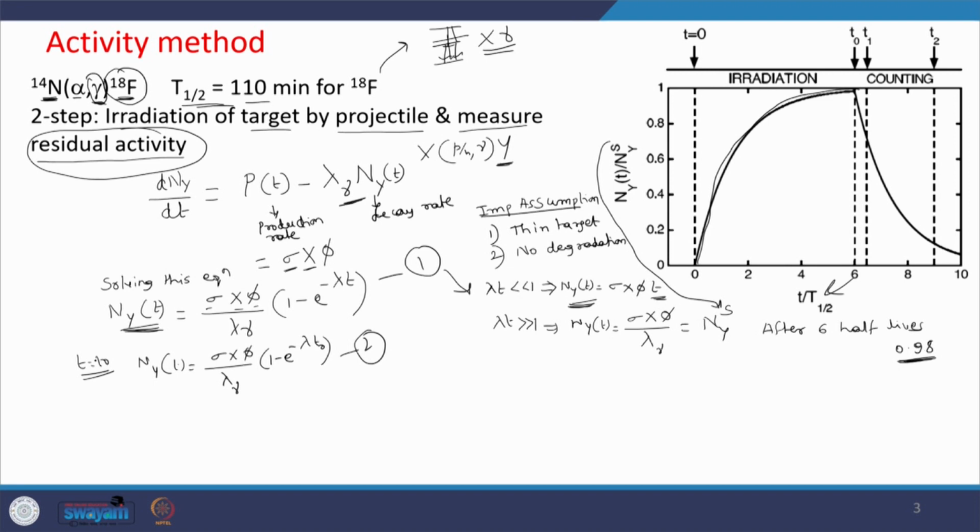After t equals T0, I have switched off the particle accelerator beam, entered the accelerator room and removed the target, went into another room, other than the irradiation region, and kept it in front of a detector. This irradiated activated material is emitting 511 keV gamma rays continuously.